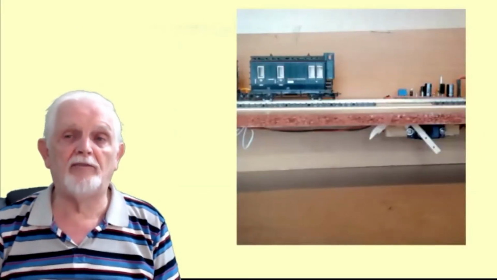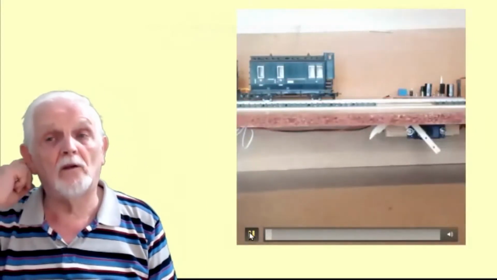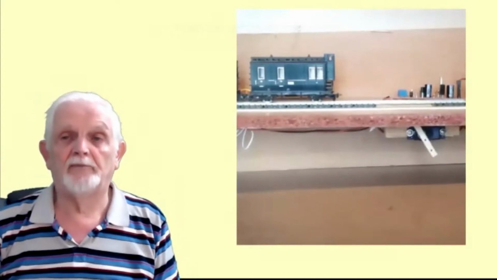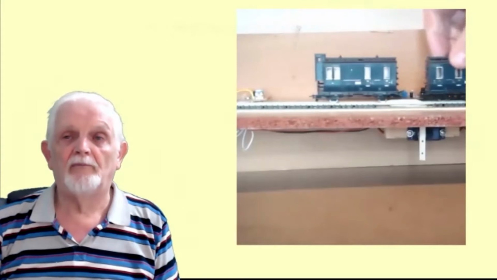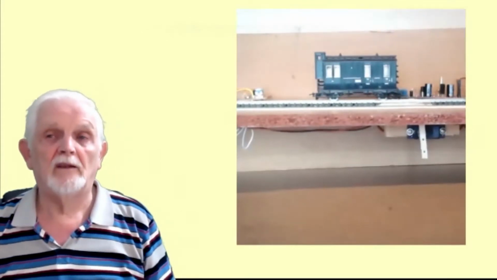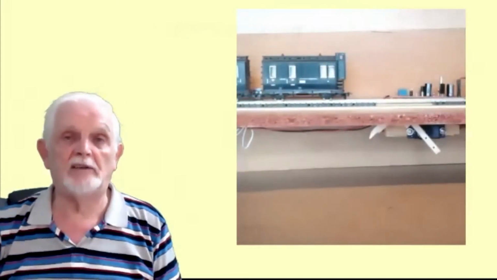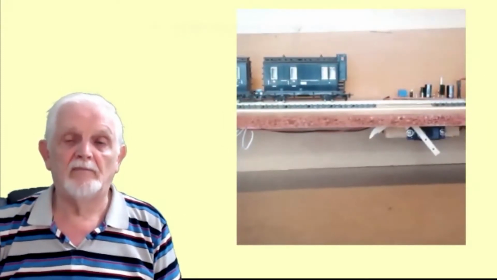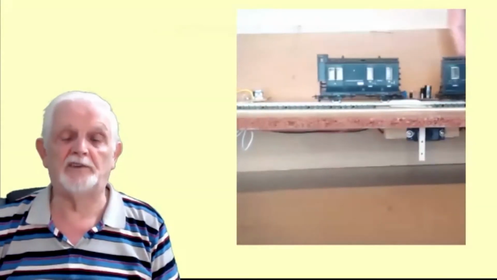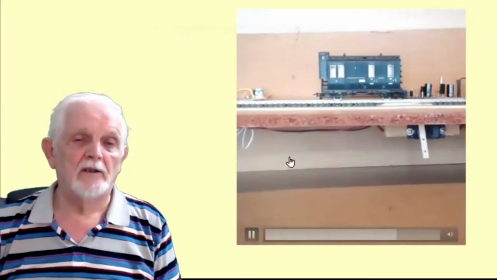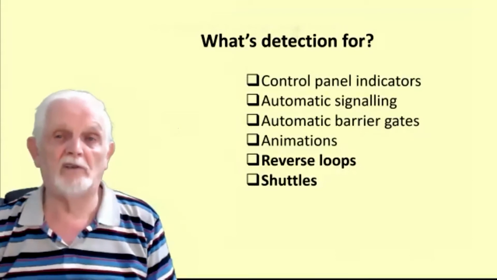You can even have, if you wanted to, automatic uncoupling, where the coupling ramp comes up and uncouples. Just a servo with a skid on it that comes up, uncoupling ramp comes up and does the business. Once again, small features in themselves, but very useful.